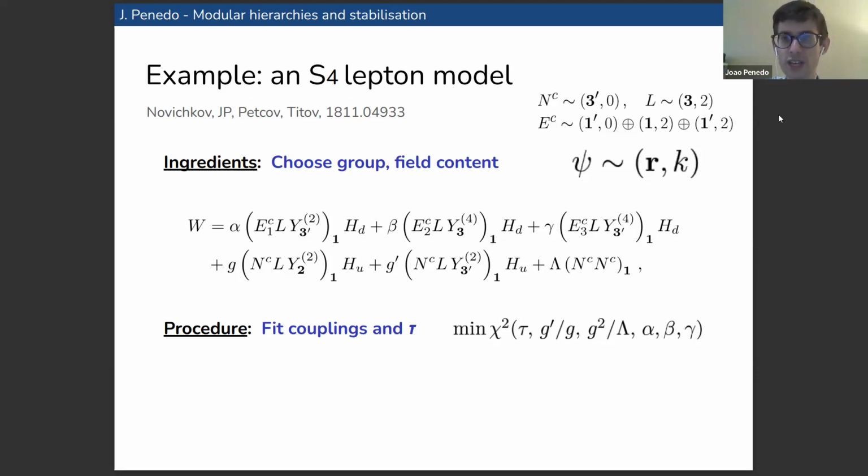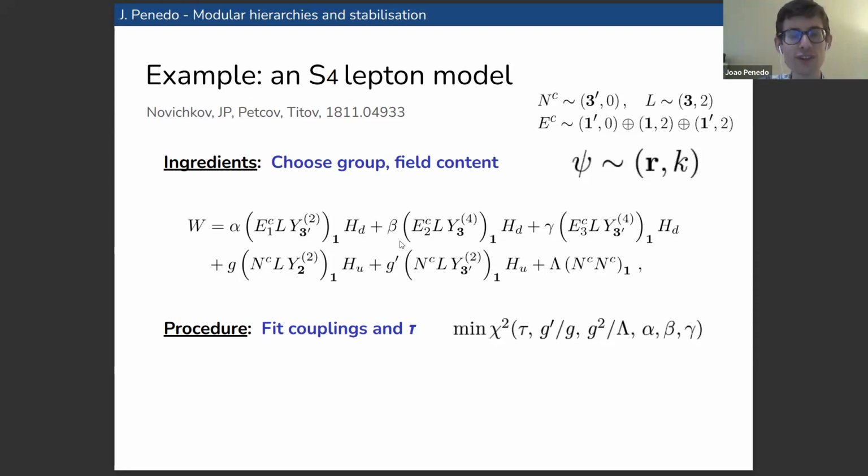So this is basically the choice of representations and weights, and the superpotential we built is this one. So you see that every term we put, aside from, actually in this example, the Majorana term, doesn't need any modular forms because the weight is 0, and you can just build the singlet directly.